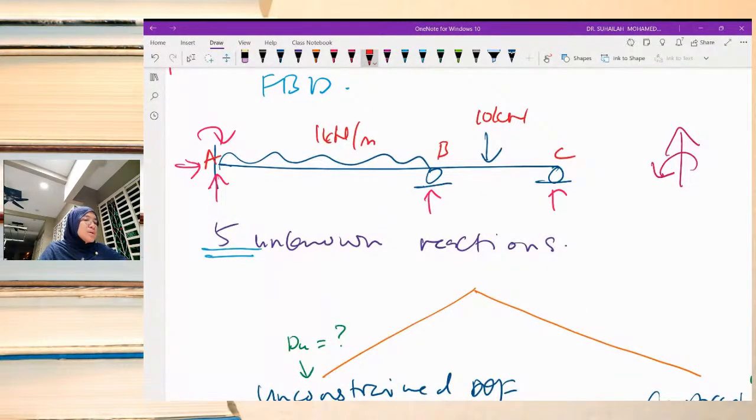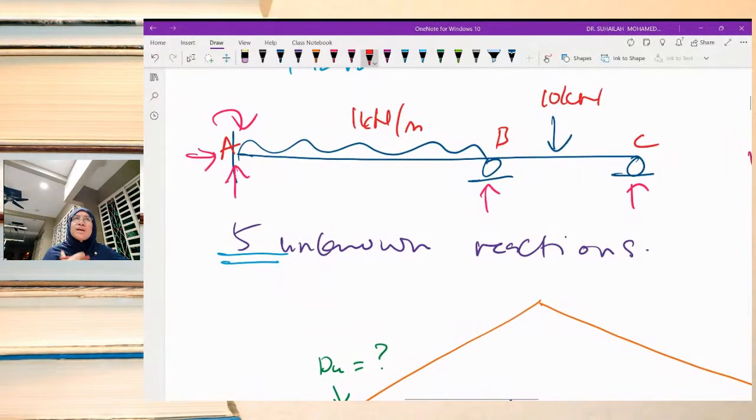Okay, based on our understanding from when we first learned about deflection of beams, how will the deflected shape of this beam look?